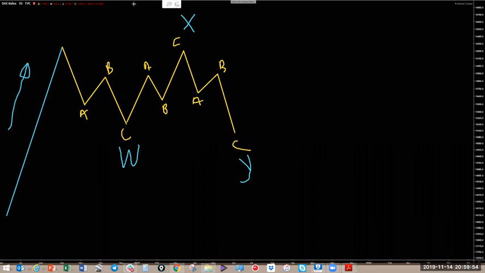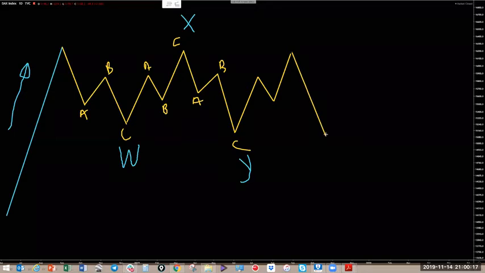You will expect that after a double XY, you get the move all the way to the upside, right? But instead, again, it doesn't go, and instead you get something like this. You get another A, B, C zigzag, and another move that looks like this.